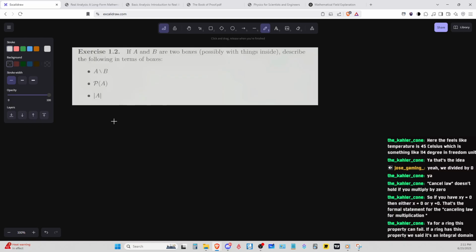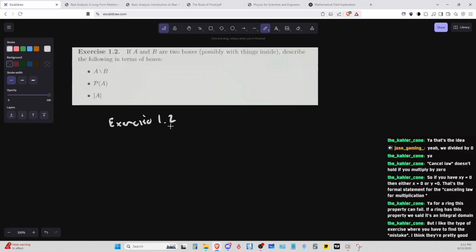Okay, so in this case, exercise 2. Let's say we have things in it. So let X be an element of A and Y be an element of B. Describe the following in terms of boxes.